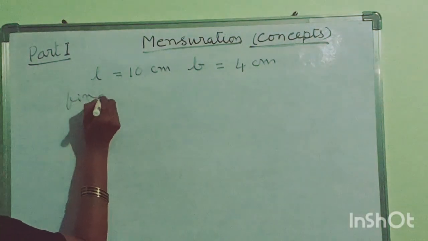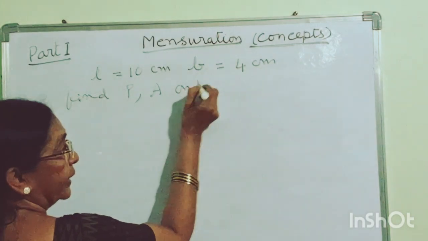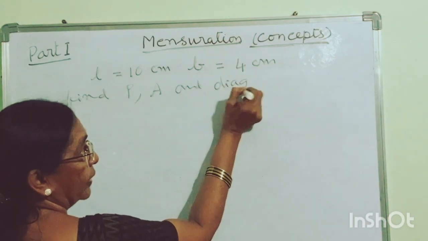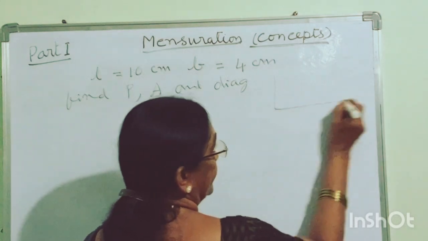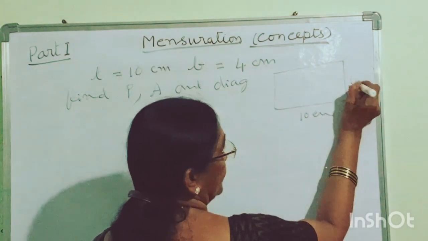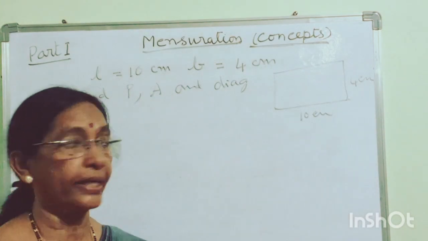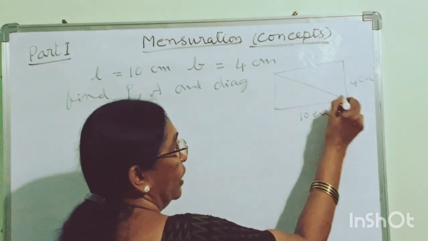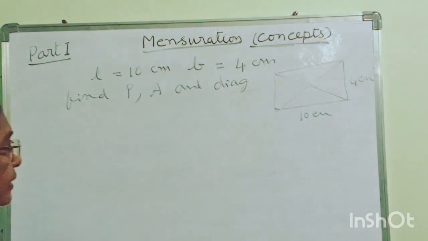Find the perimeter, area, and diagonal of the rectangle. So rectangle is like this. This is 10 centimeters and this is 4 centimeters. We have to find out the perimeter, area, and the diagonal.